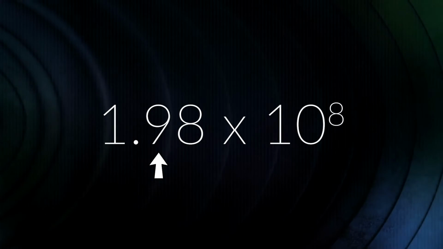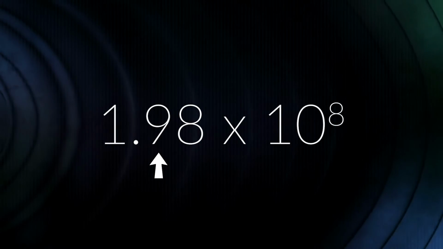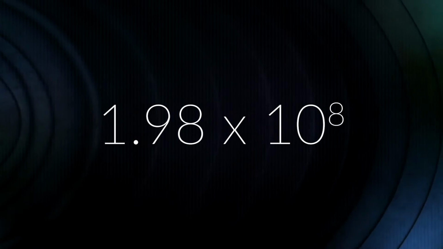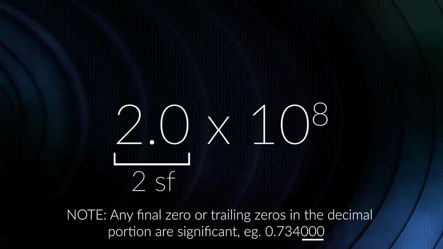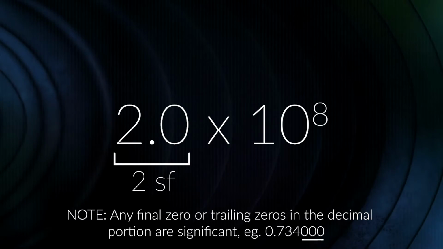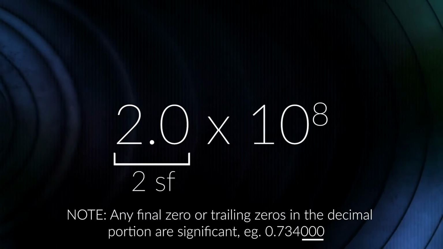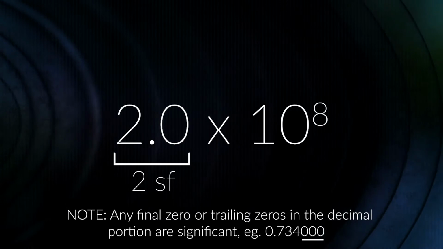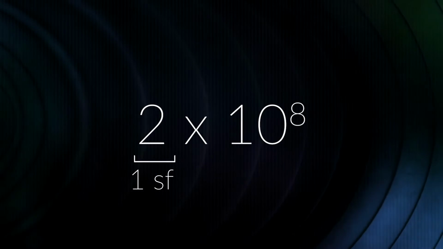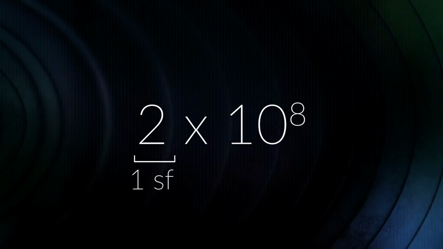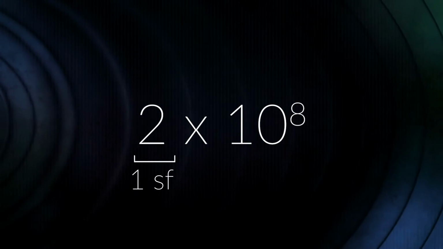In this case, when I round up the 8 to the 9, the 9 also rounds up to become a 0. So I end up with 2.0 times 10 to the power of 8, and that would be to two significant figures. If I wanted to write this number to one significant figure, then I would remove the 0.0 and I would just have 2 times 10 to the power of 8. And that would give me precision to one significant figure.